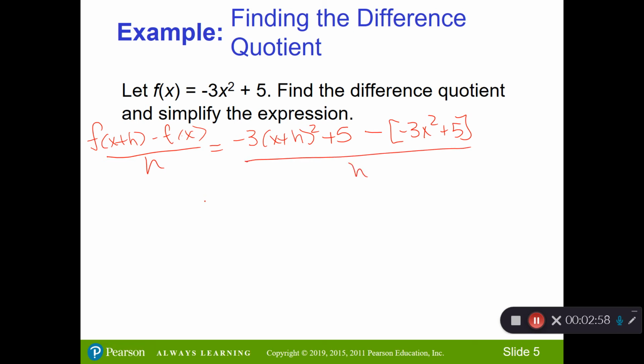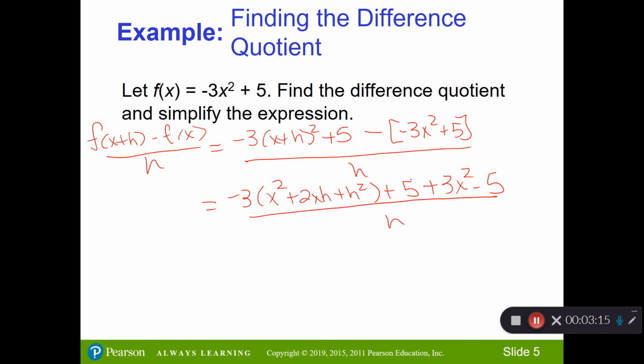Now we FOIL this again, so negative 3 times x squared plus 2xh plus h squared plus 5, and then distribute the minus, plus 3x squared minus 5. And notice that this plus 5 and minus 5 subtract off. Distribute the negative 3.